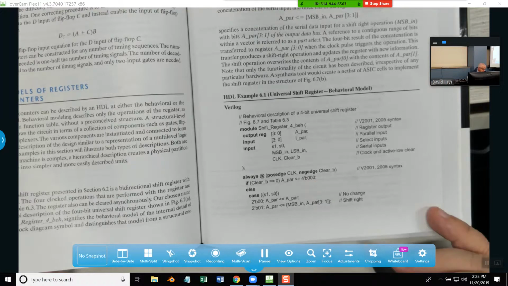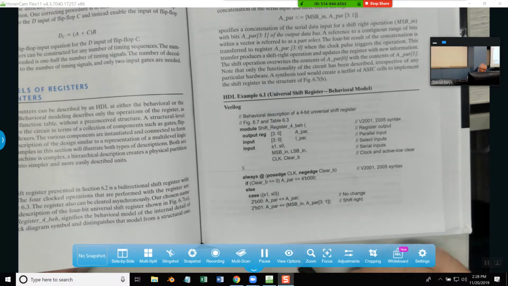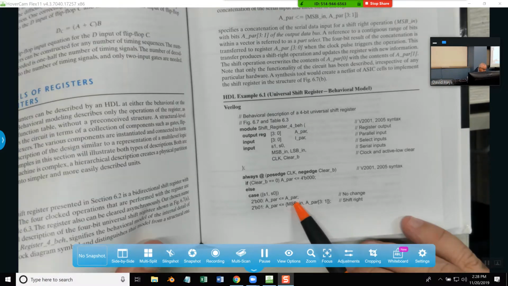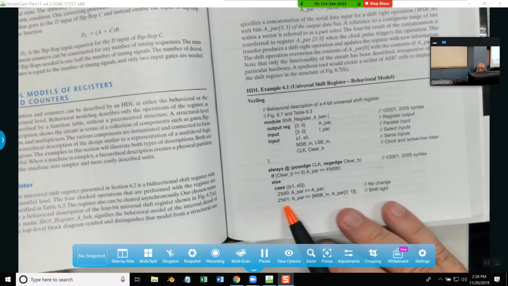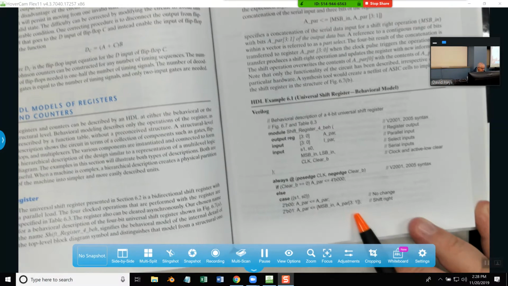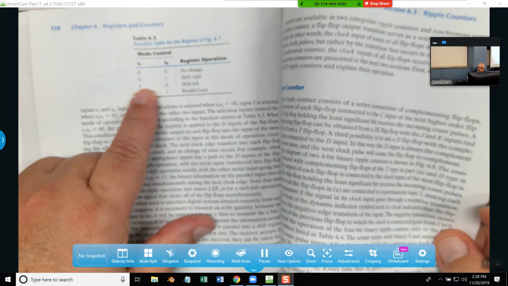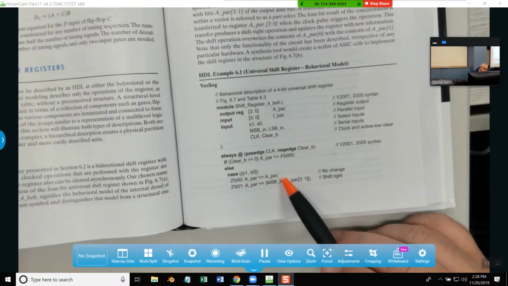Now, if we got 0, 1, it's this right here. 0, 1 tells us we're going to shift right. And that makes sense because most significant bit is coming in here and shifting it.